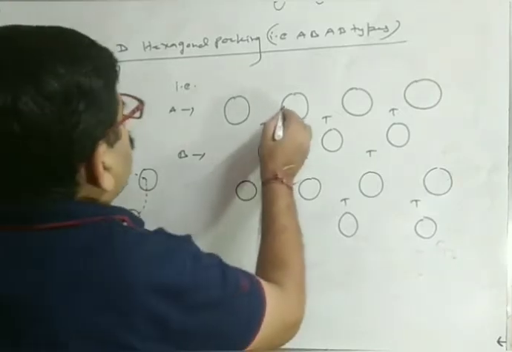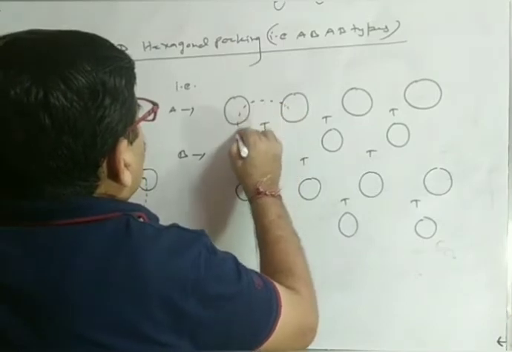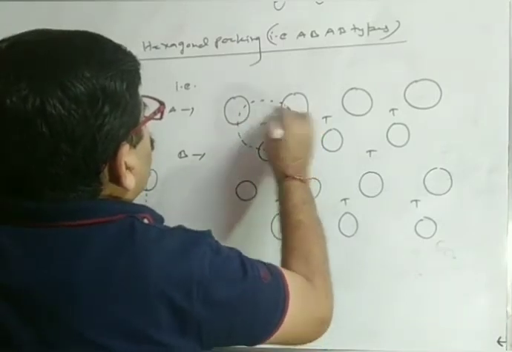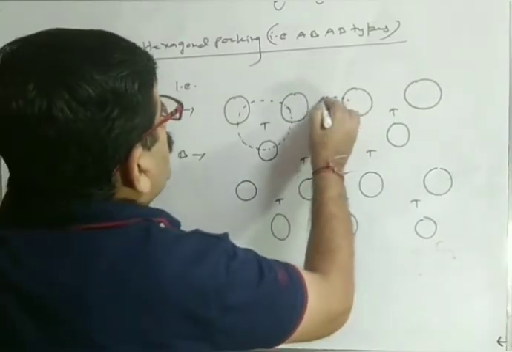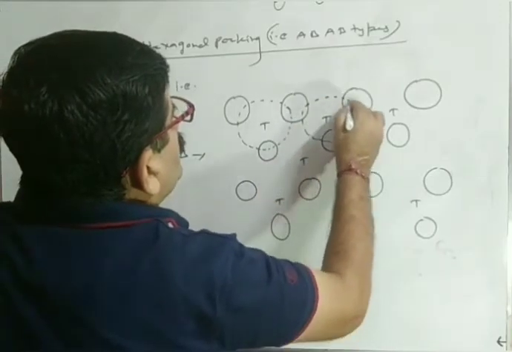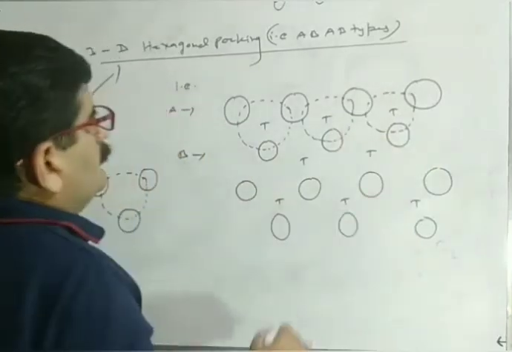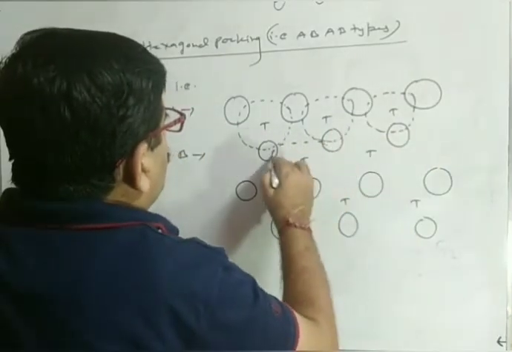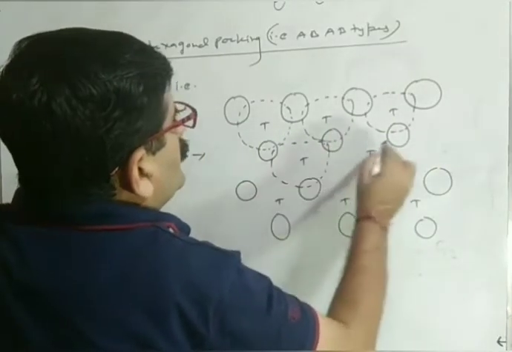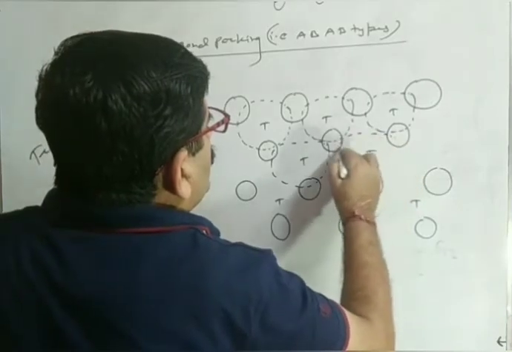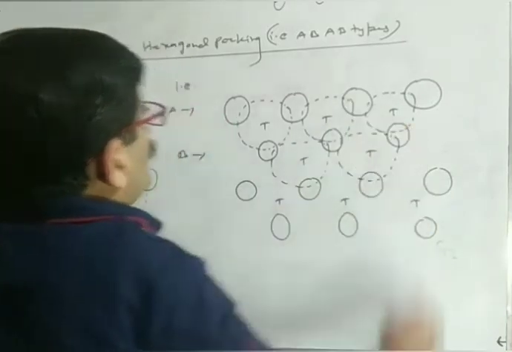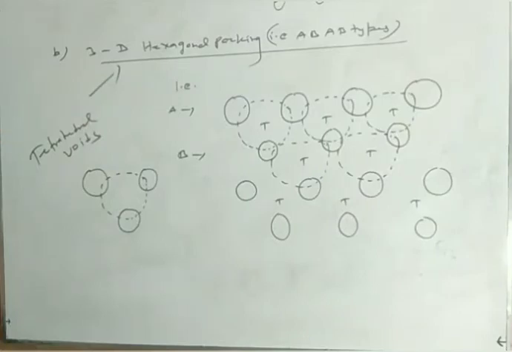So if we consider here one circle, second one, third one, again you can say T is what?